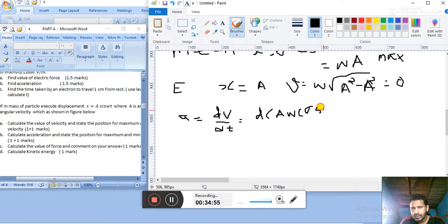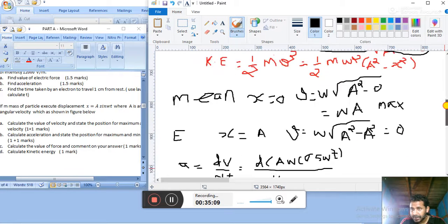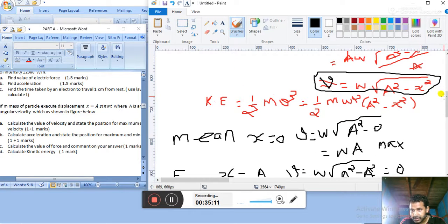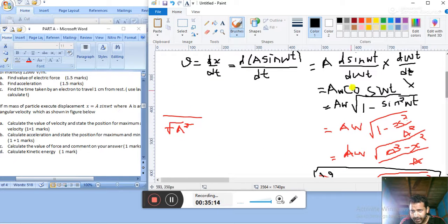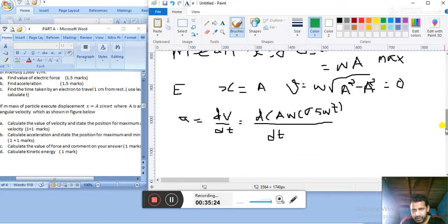Since the velocity should be a function of time, I use the expression that contains time, not the one in terms of x, which does not contain time. So I use a omega cos omega t.